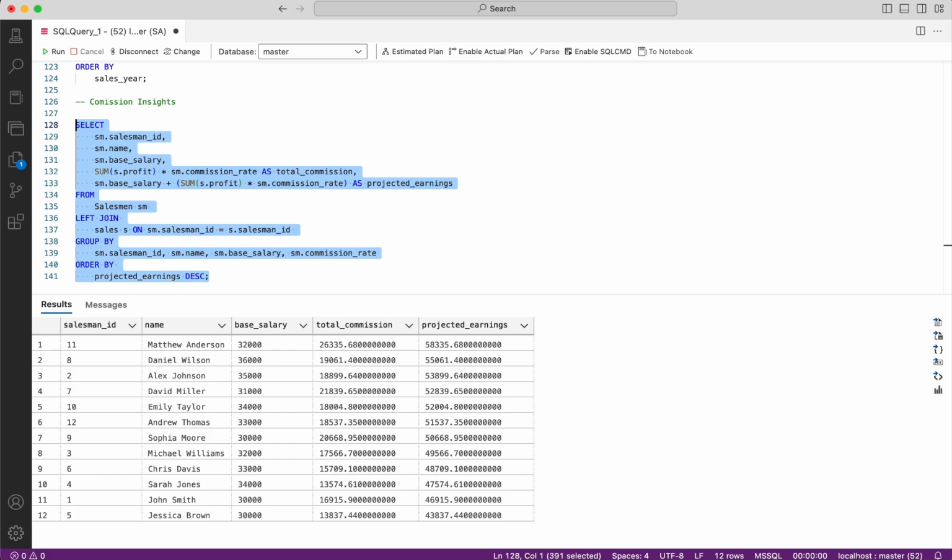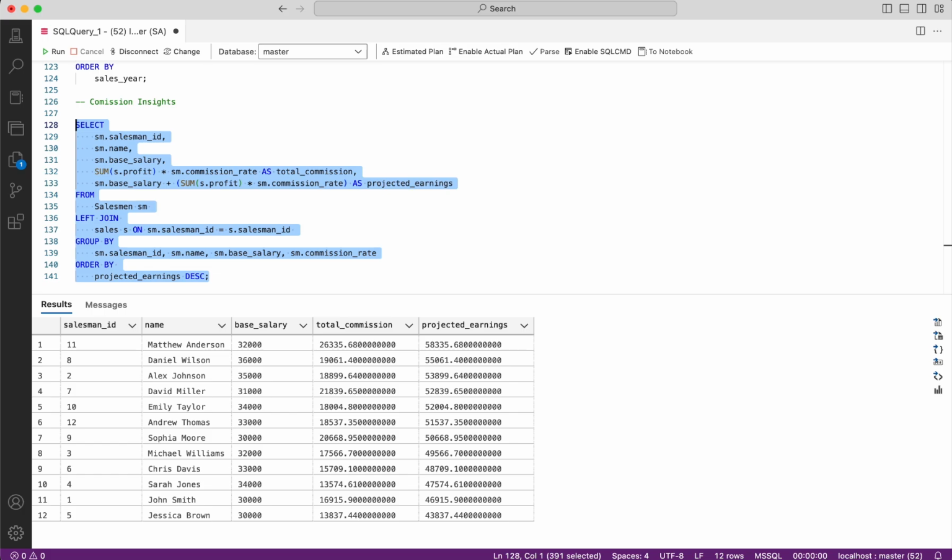Second place goes to Daniel Wilson, who has a higher base salary of $36,000, but only $19,000 in commission on a 6% commission rate on $317,000 in profit. So his projected earnings is going to be around $55,000. And our other high performers are Alex, David, and Emily.